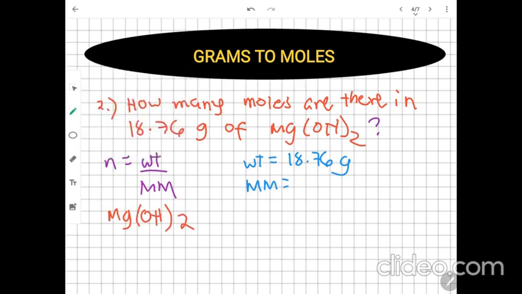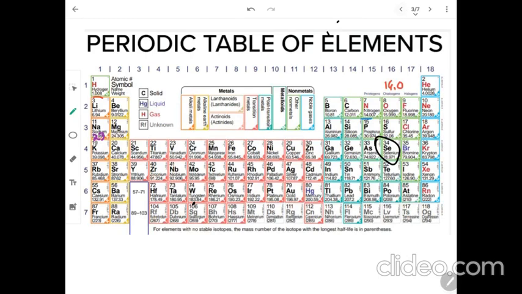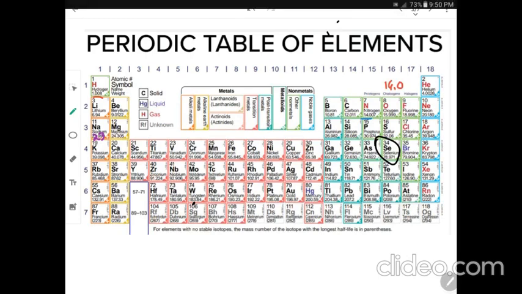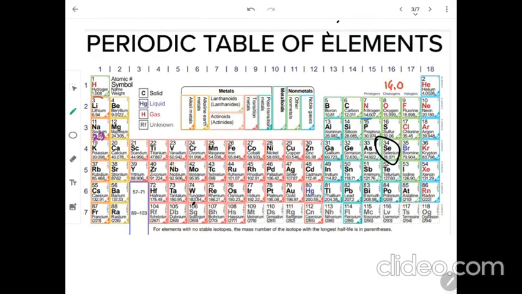Let's use our periodic table. Let's locate the atomic mass, or the molar mass, of our magnesium.